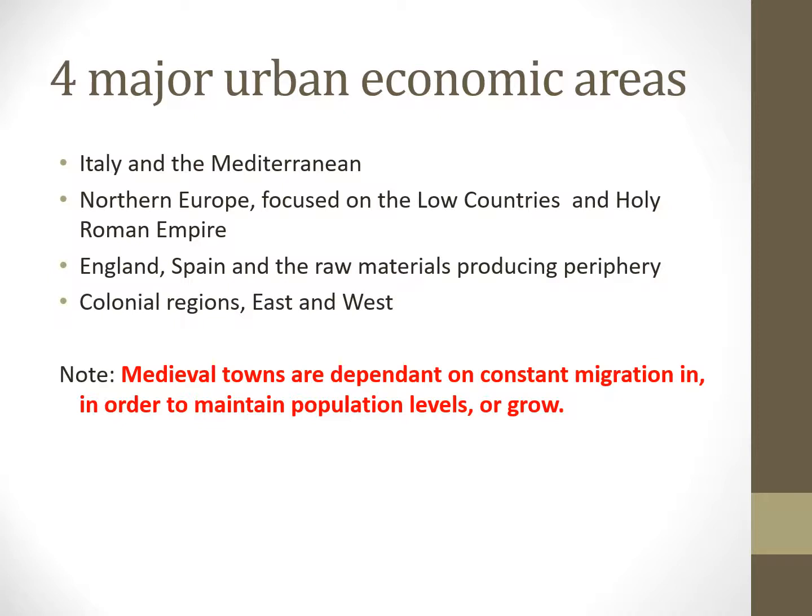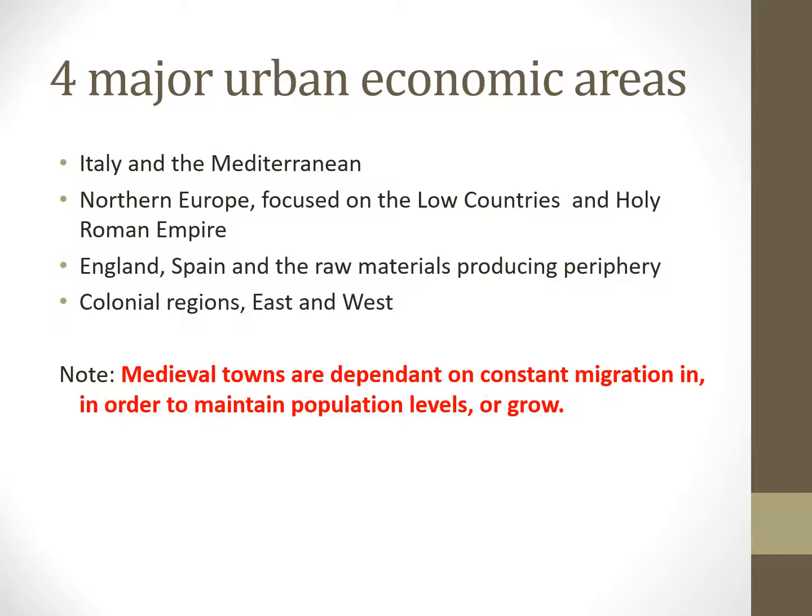Lastly, we get what we might call colonial regions, east and west, and this I would say includes Wales and Ireland, certainly Prussia and Livonia to a large extent, and these are places where an urban network is created very much as a result of outside influence, quite rapidly in the course of the 13th century. And you see a kind of emergent network of towns.